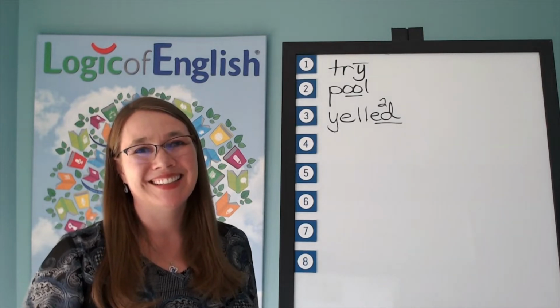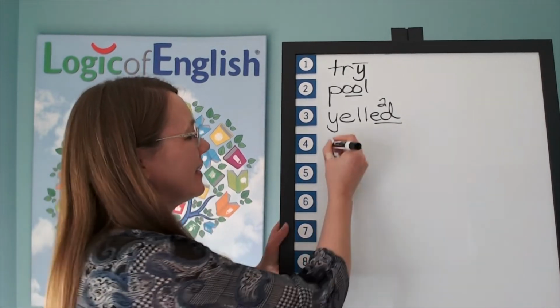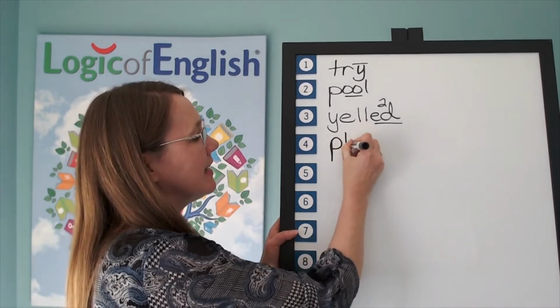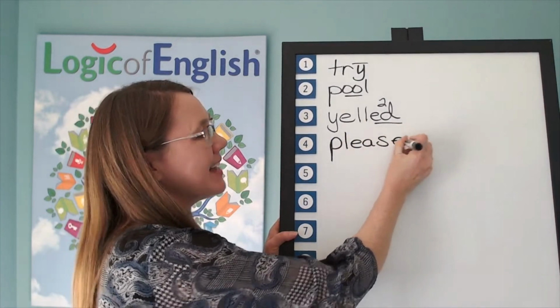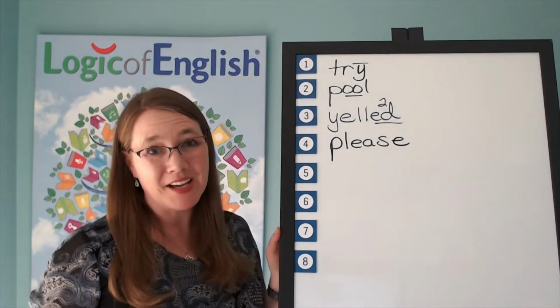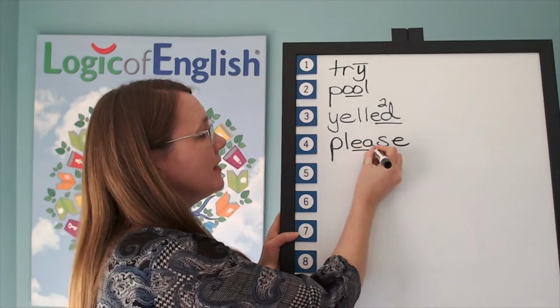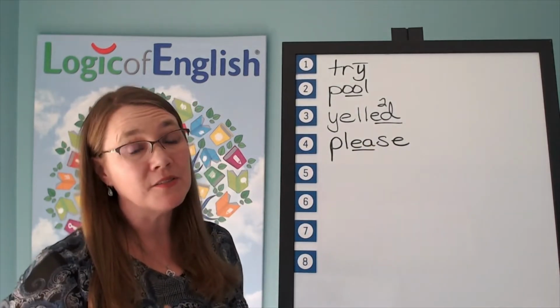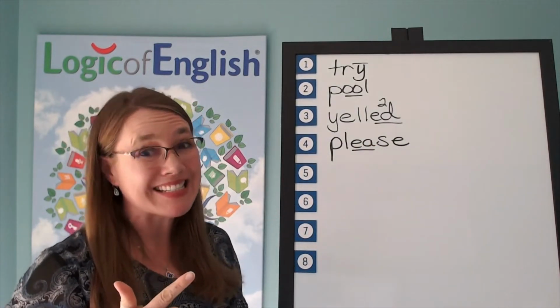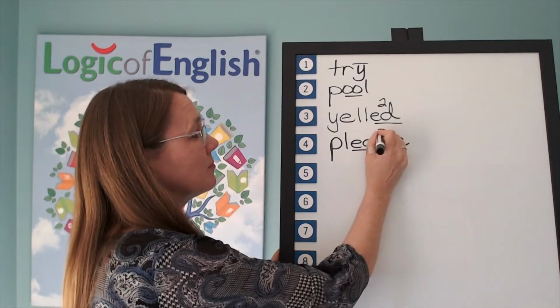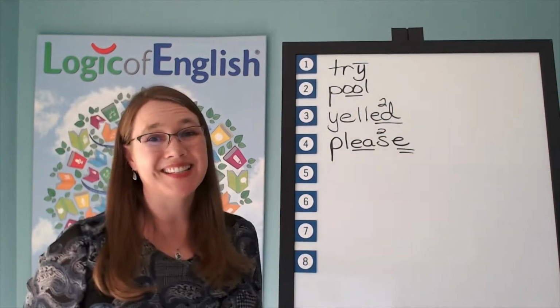Excellent. And now help me to write it. Silent final E. How do we mark it? We'll underline the E. And then what sound of s do you hear in please? That's right, the second. And we'll double underline the silent E.